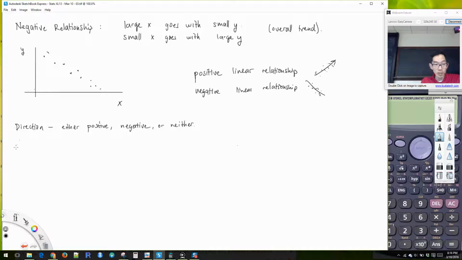We can also talk about the shape of a relationship.